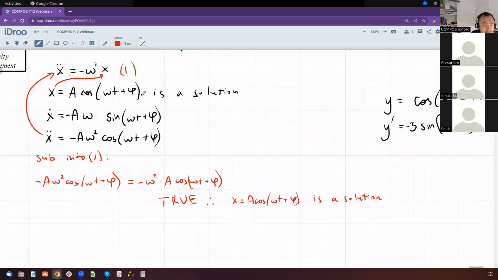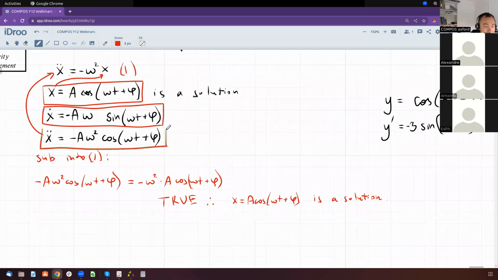The first one is the displacement. The second one is the velocity. And the last one is acceleration.